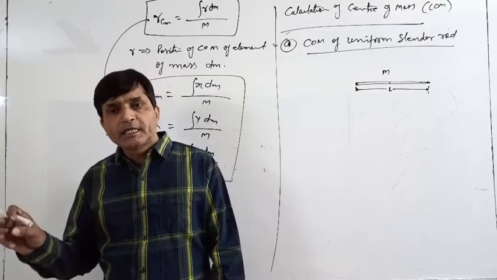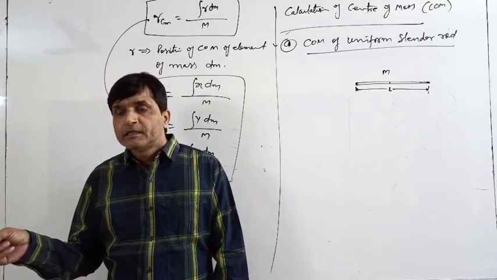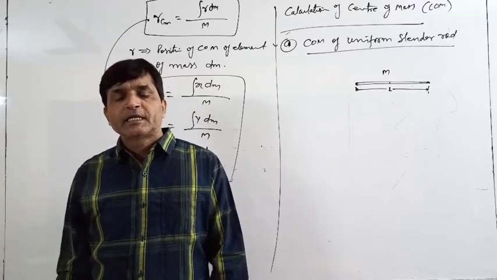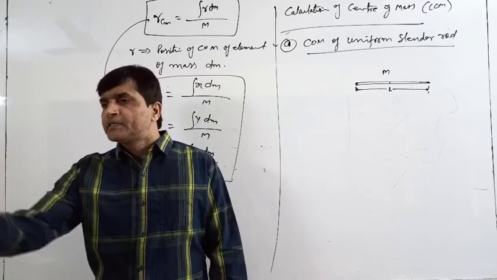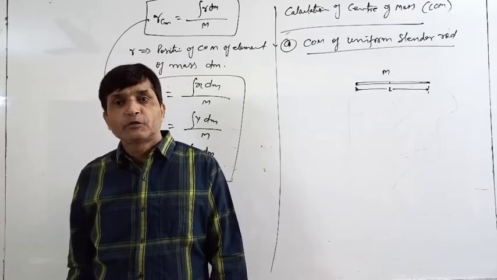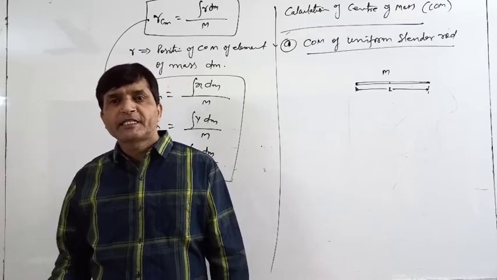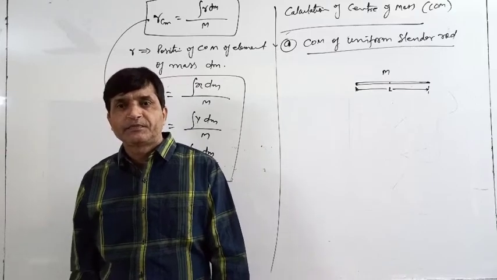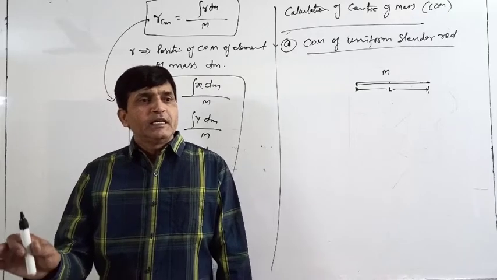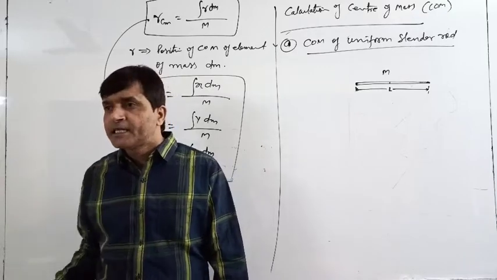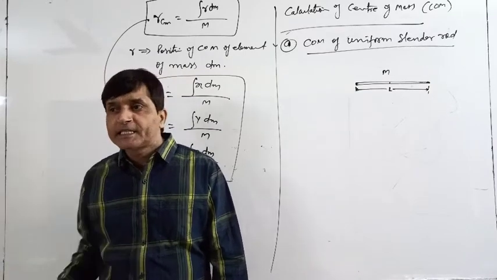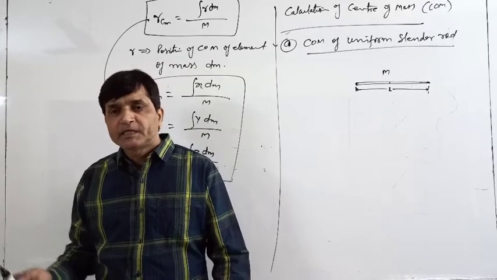If it is not thin, then it is a cylinder. Then it becomes two or three dimensional. This marker, is it two dimensional or three dimensional? How are you differentiating? In common practice, if breadth and length are there, then it is only two dimensional. If breadth, length and thickness are there, then it is three dimensional.